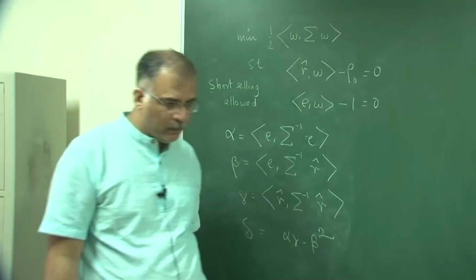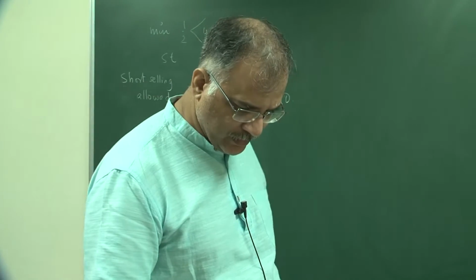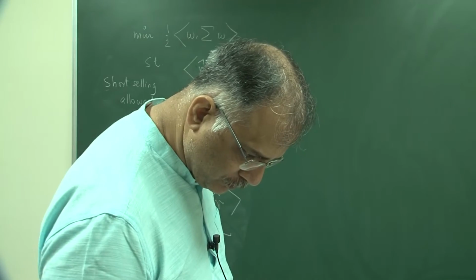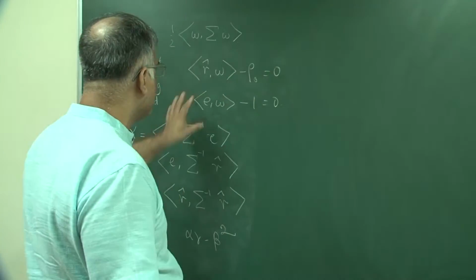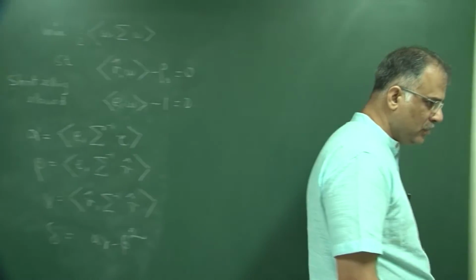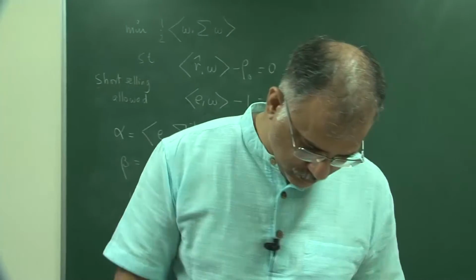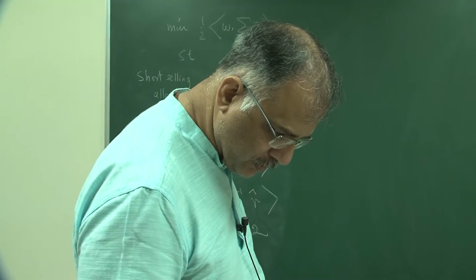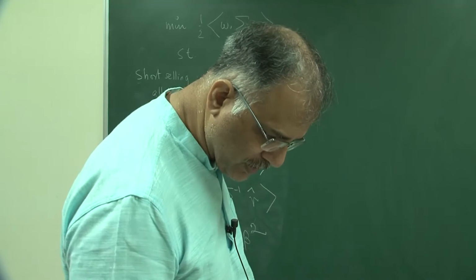So let us write down the solution of this particular problem. Here we consider only risky assets. We will talk about non-risky assets tomorrow, in one of the last classes, but we are essentially talking only about risky assets.